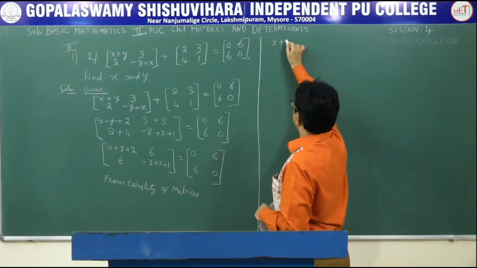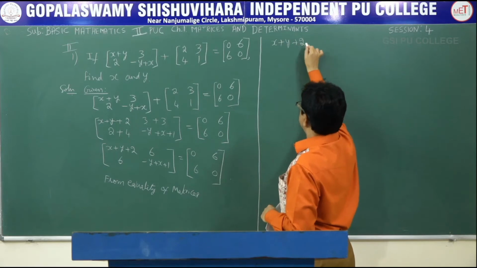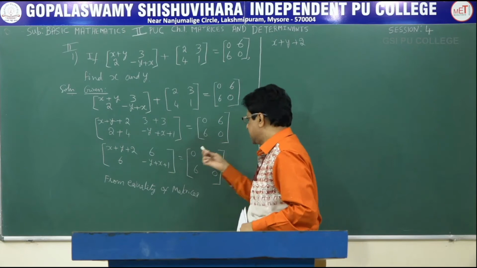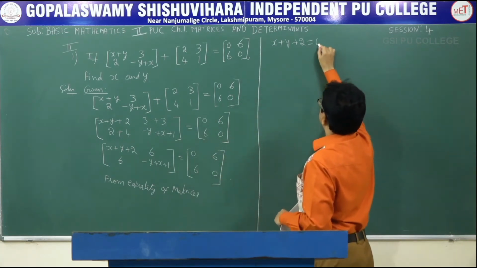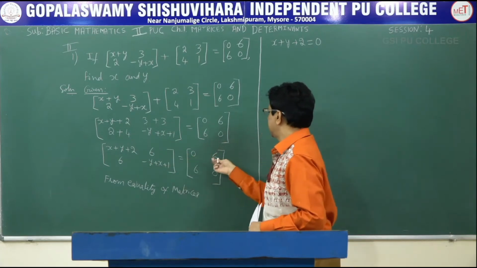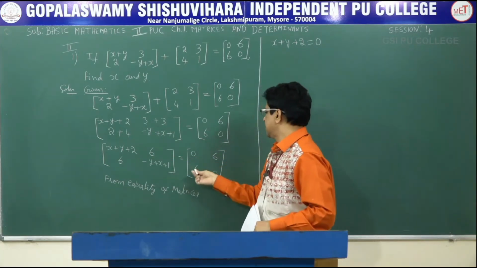x plus y plus 2 equals 0, and 6 will be naturally equal to 6.